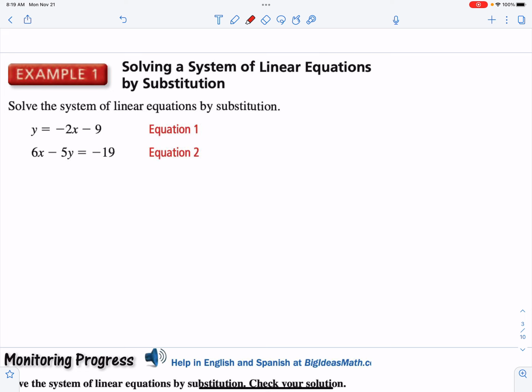Essentially what you do when you substitute is you isolate a variable. Okay, so step 1 is to isolate a variable. Notice that I didn't say y. You don't have to isolate y. You can do x or y.